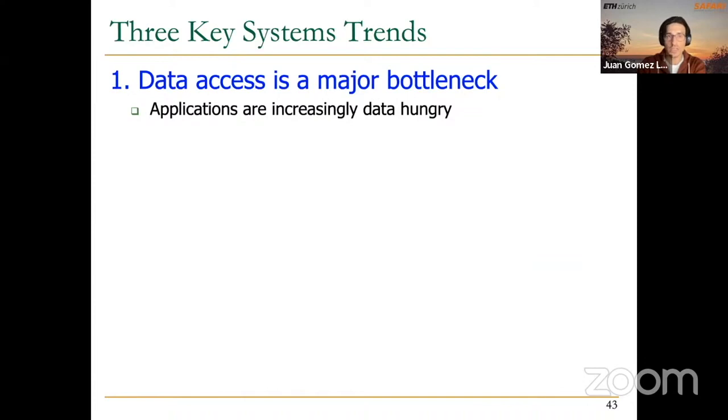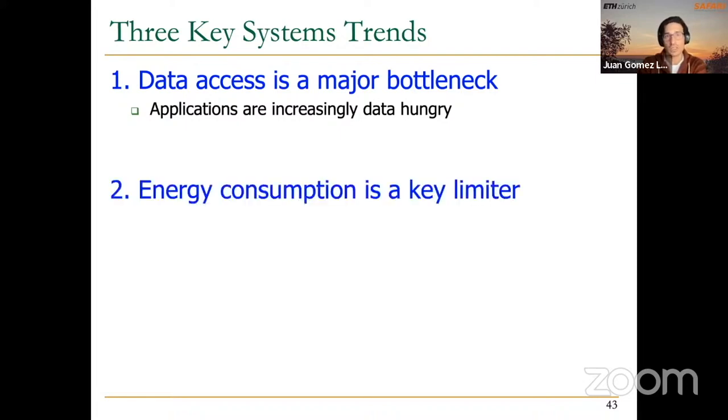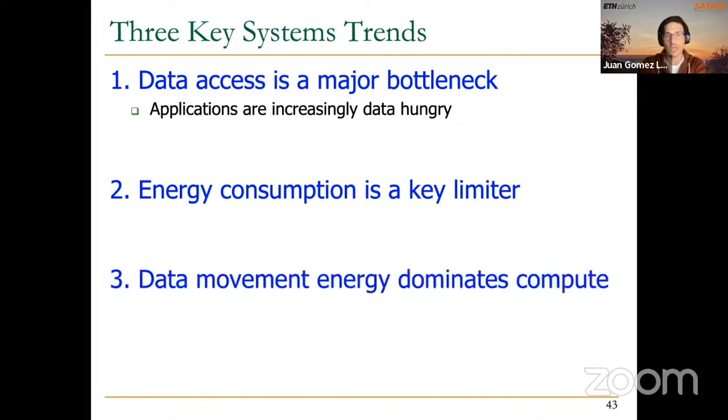So there are three key system trends. The first one is that data access is a major bottleneck, as you already know, because applications are increasingly data hungry. Energy consumption is a key limiter. I already showed you before the motivational slide from Bill Dally. We are going to see it again now, and we are also going to give you a little bit more motivational data about the energy consumption in current computing systems.